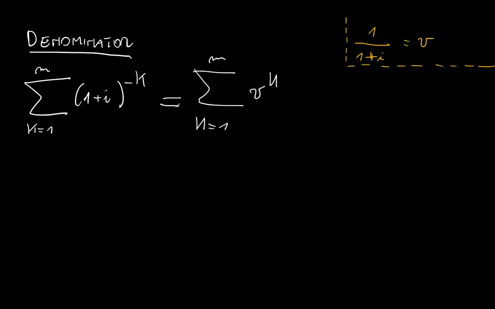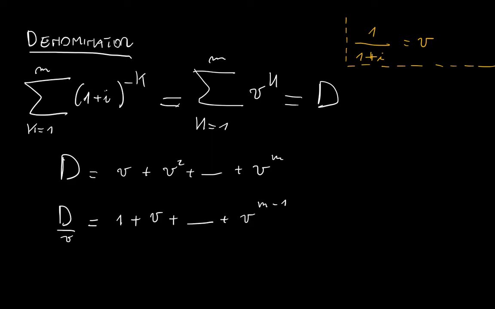Then, by simplifying the inverse of 1 plus I with v, we have this formula, which is a geometric series, and it is our denominator. At this stage we expand the series, which is the sum from v to v power m.